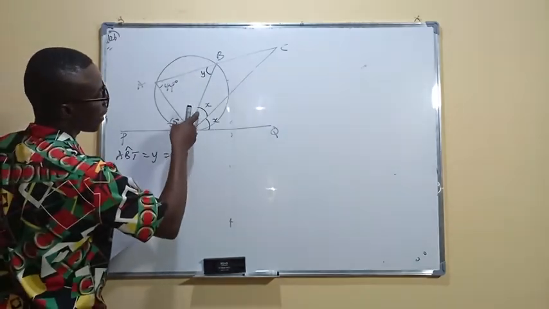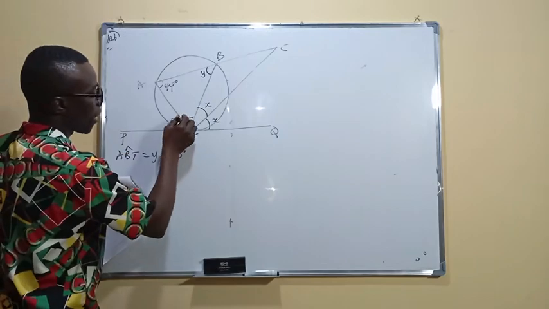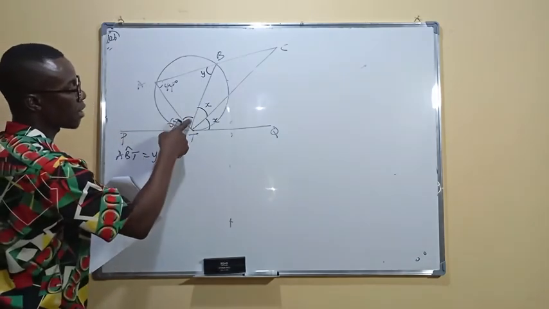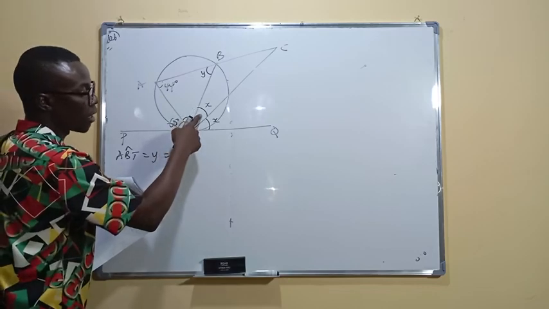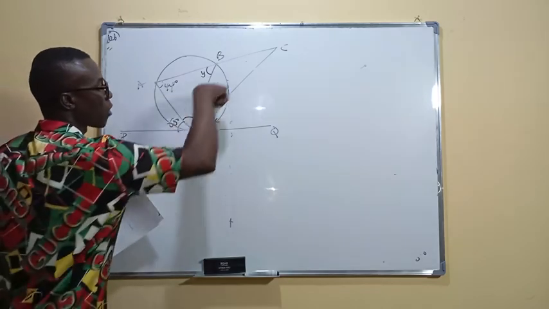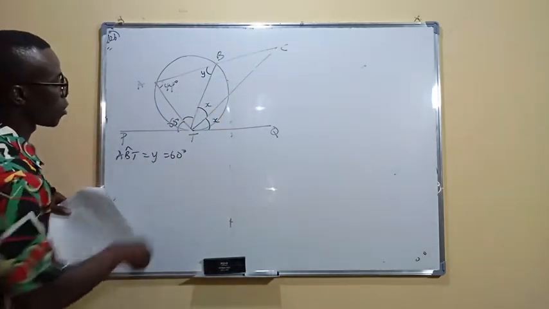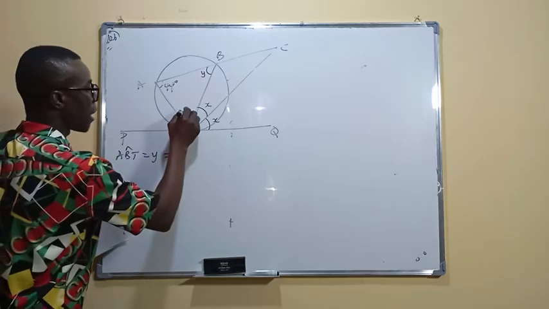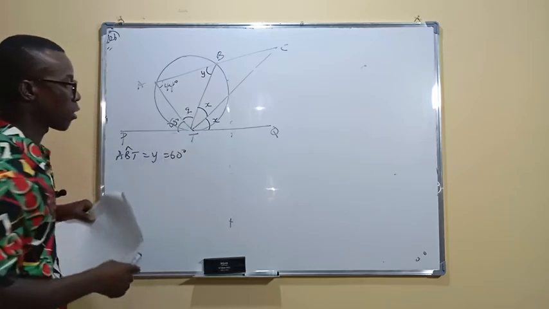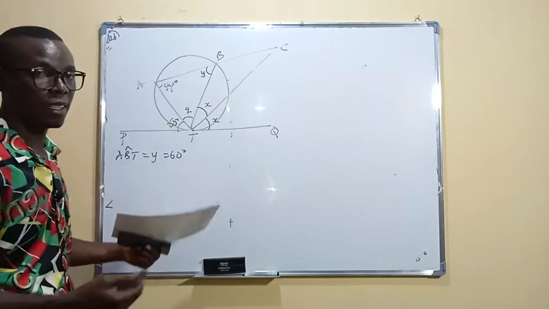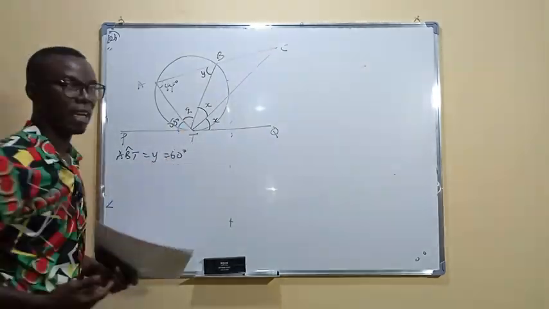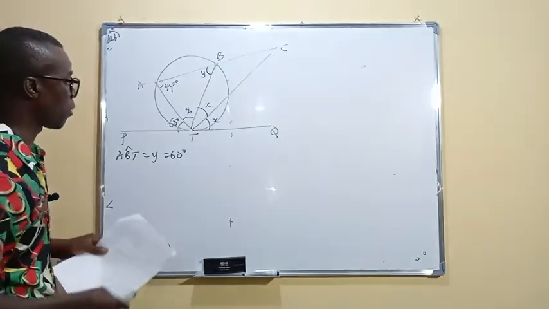And that will help me find this angle. When I find this angle, I'm going to add it up with this, and then together with this angle in the triangle I will be able to find this angle. So I'm going to find this angle here, which I'm going to call small letter q. Sometimes you have to put letters there to help you solve it properly.